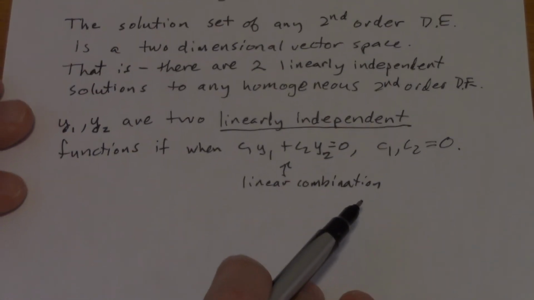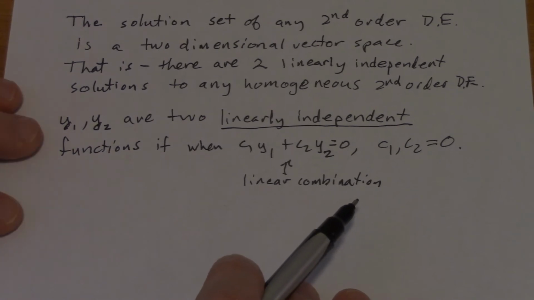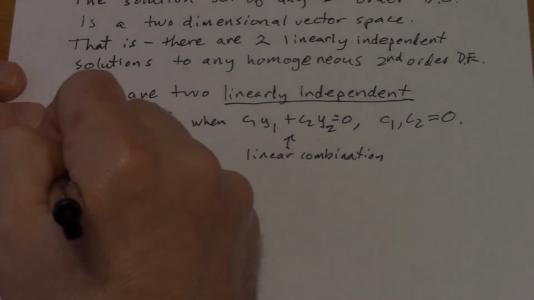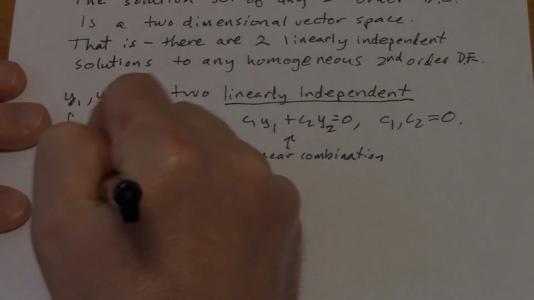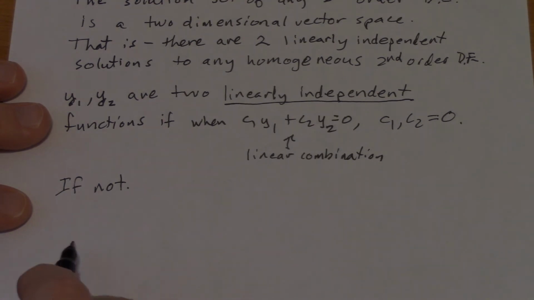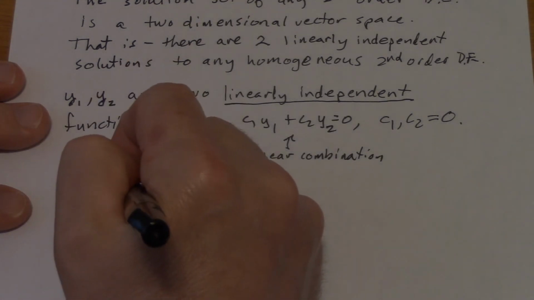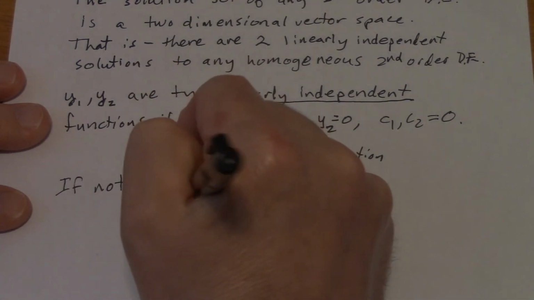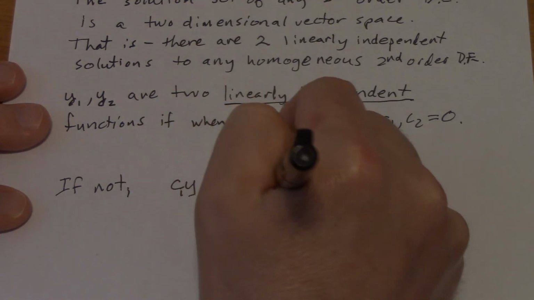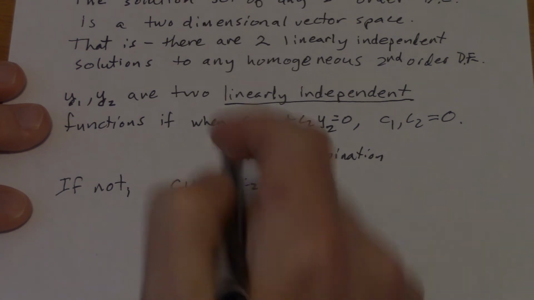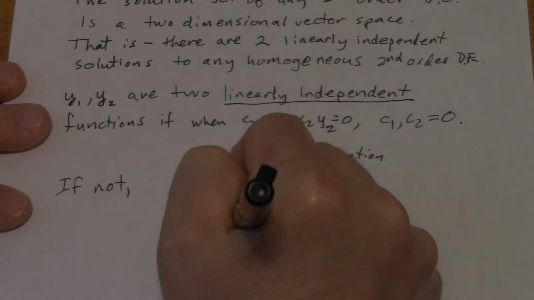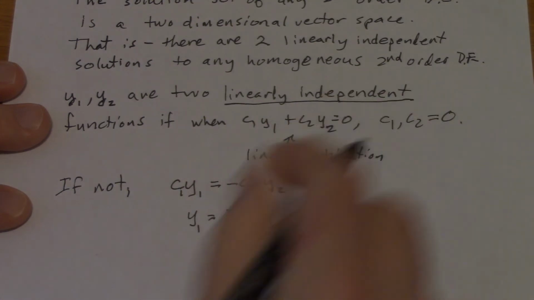And just another sort of way to think about linear independence just for two-dimensional vector spaces. This doesn't work in general. So let's say if basically we have C1 y1 plus C2 y2 equals 0, but C1 and C2 are not 0, then we can solve for y1, and we get that y1 is minus C2 over C1 y2.